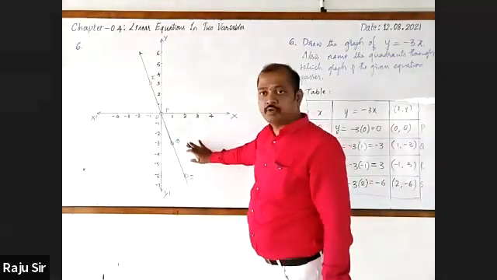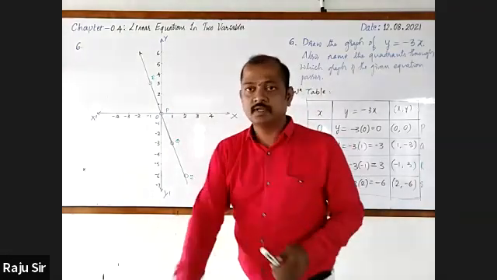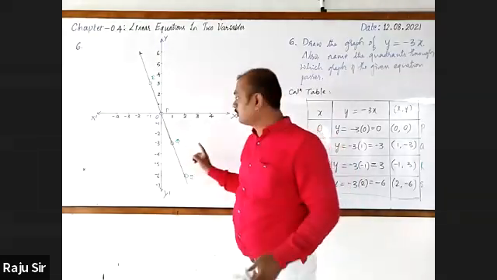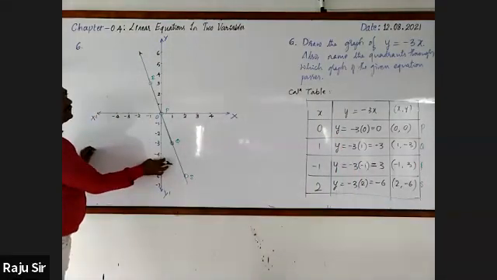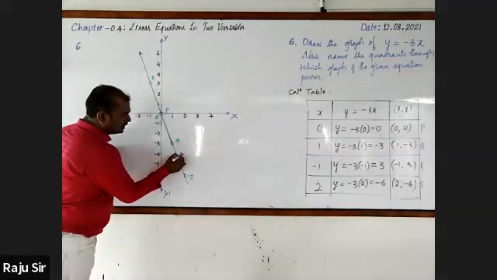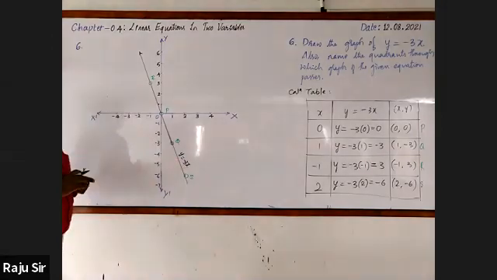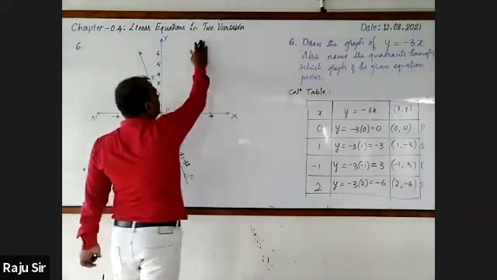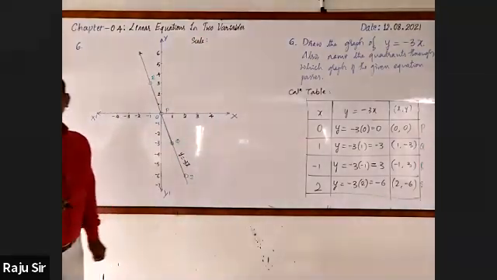Sir, should we write the graph scale? Yes. Scale: 1 centimeter is equal to 1 unit. The equation is y equal to minus 3x. Now, at the top right corner, write the scale.